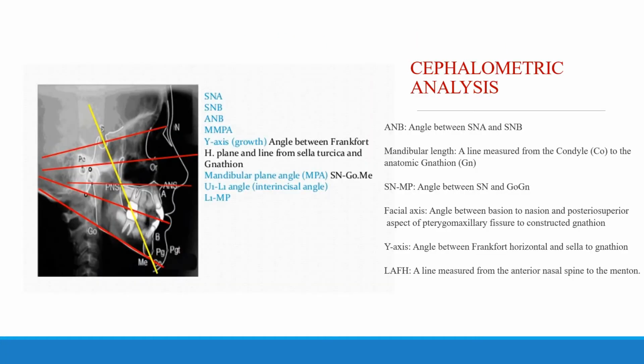And of course, the proper treatment planning for dentoskeletal malocclusions cannot be established without a thorough evaluation of the interrelationships of these compartments relative to the dentition and dental occlusion.